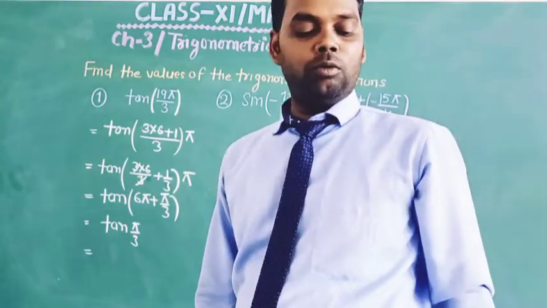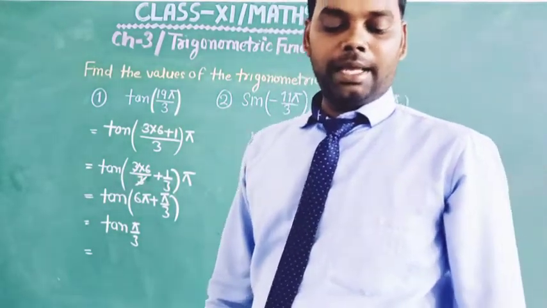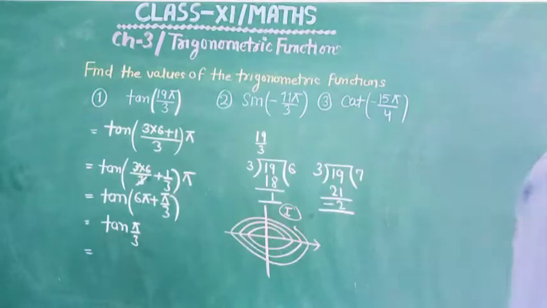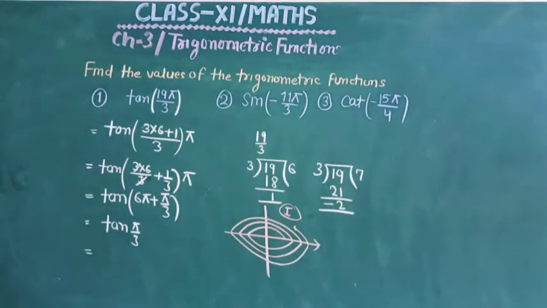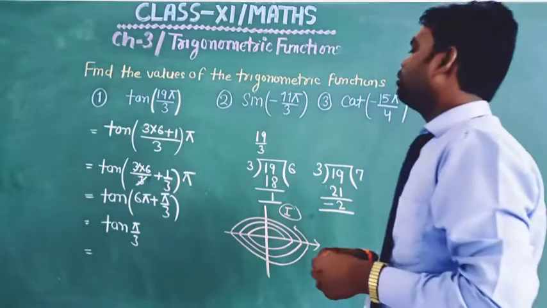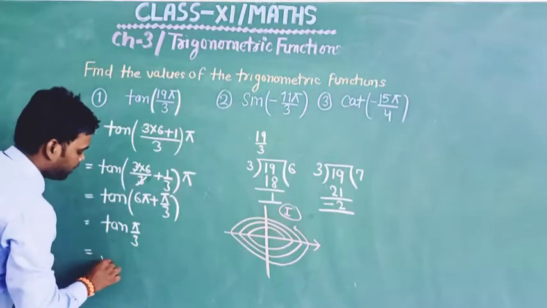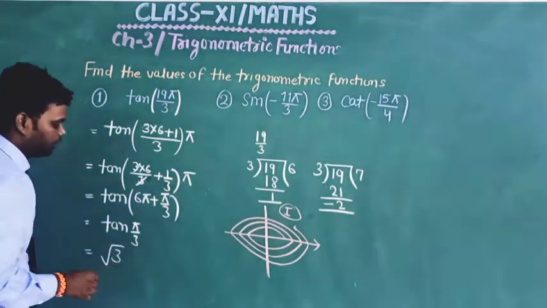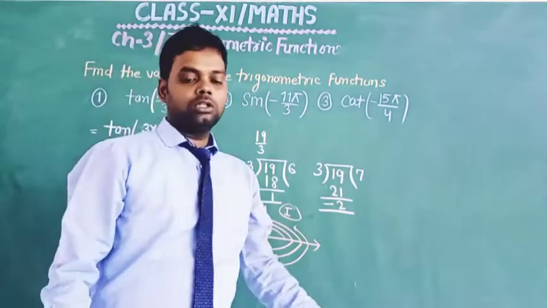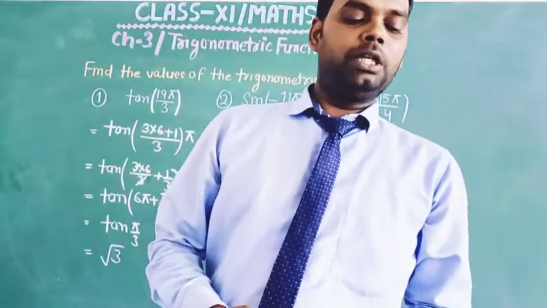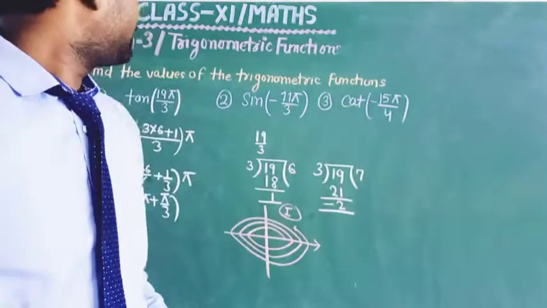What will be the value of tan π/3? The value of tan π/3 is square root 3. Okay, I hope this is clear.